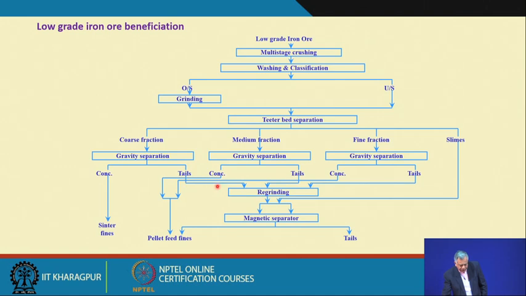Tails of gravity concentration are reground because of liberation related issues, and at that finer size you are going for magnetic separation. With this magnetic separation the non-magnetic particles are basically the tails now, and the magnetic particles are mixed with the pellet feed fines, that is, these particles will eventually be pelletized.